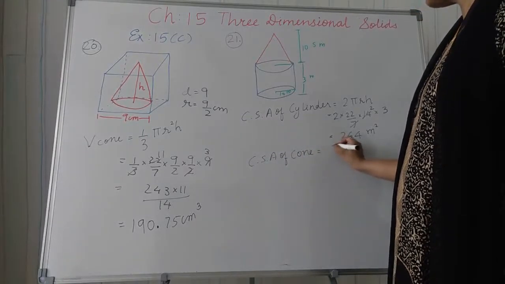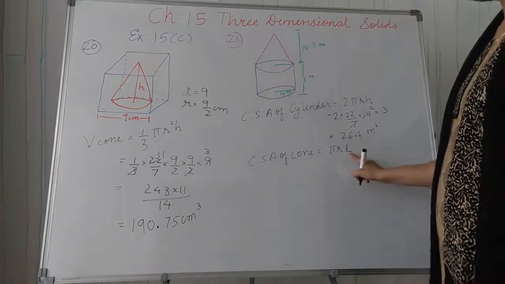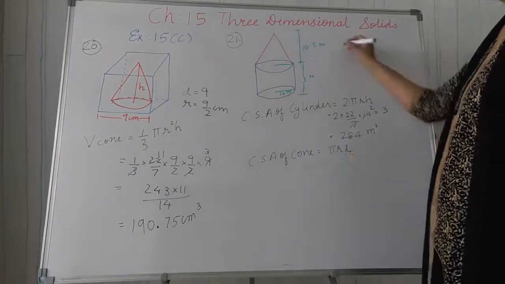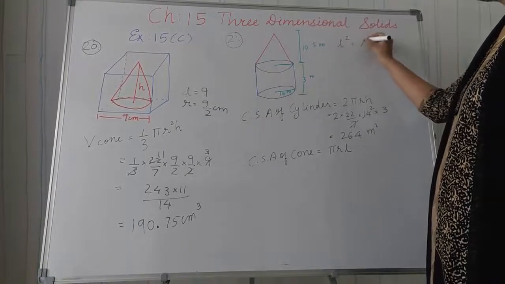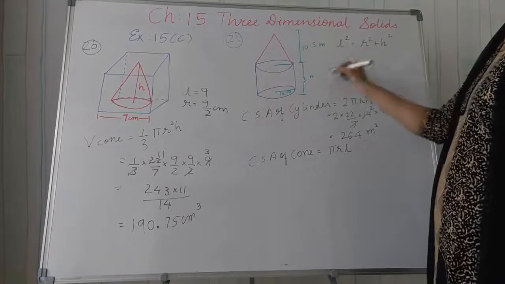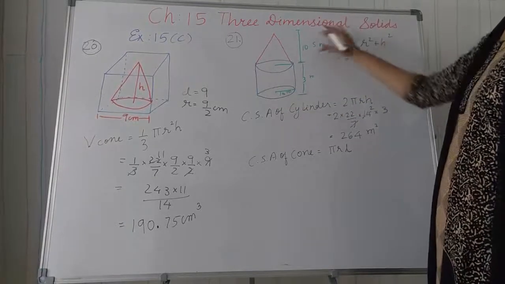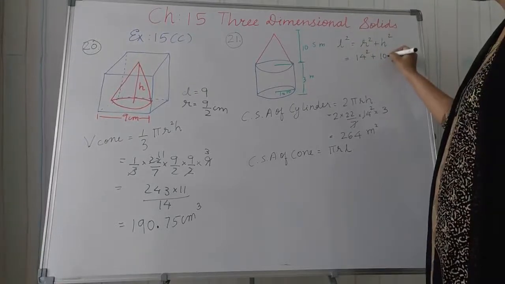And curved surface area of cone, that is pi RL. So here R is there, but L value we don't have. So we find first L value by taking the relation L square is equal to R square plus H square. Radius 14 square and H is this one 10.5 square.